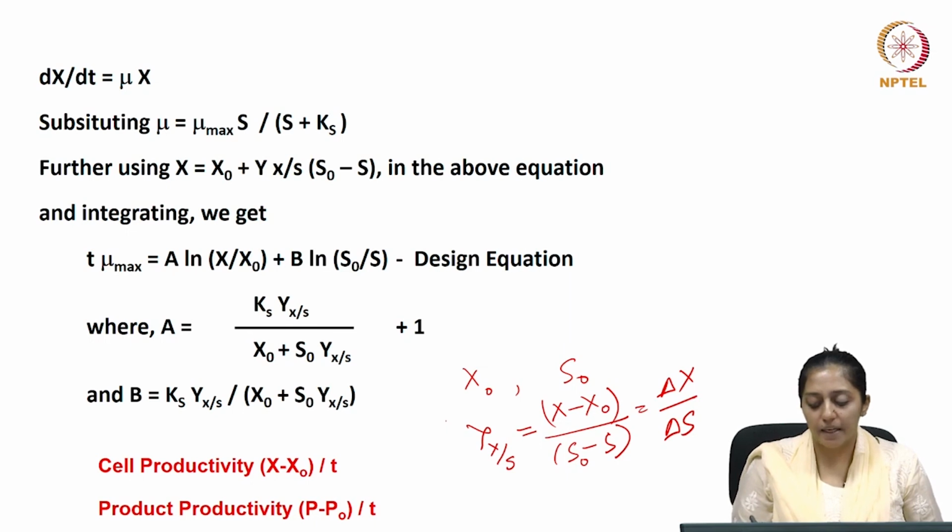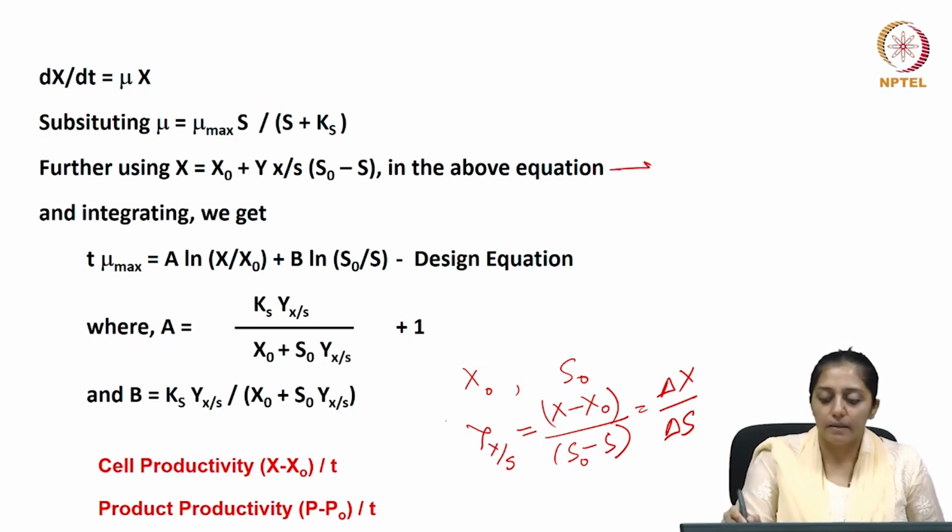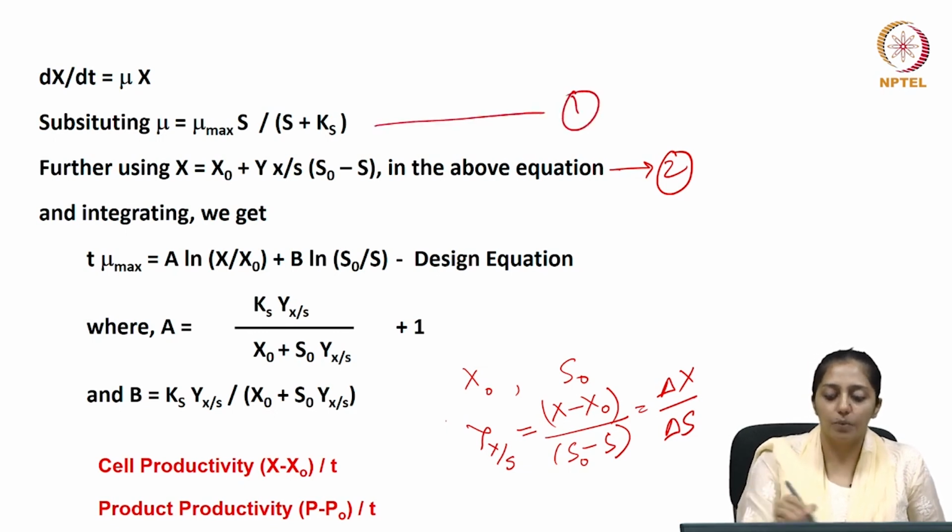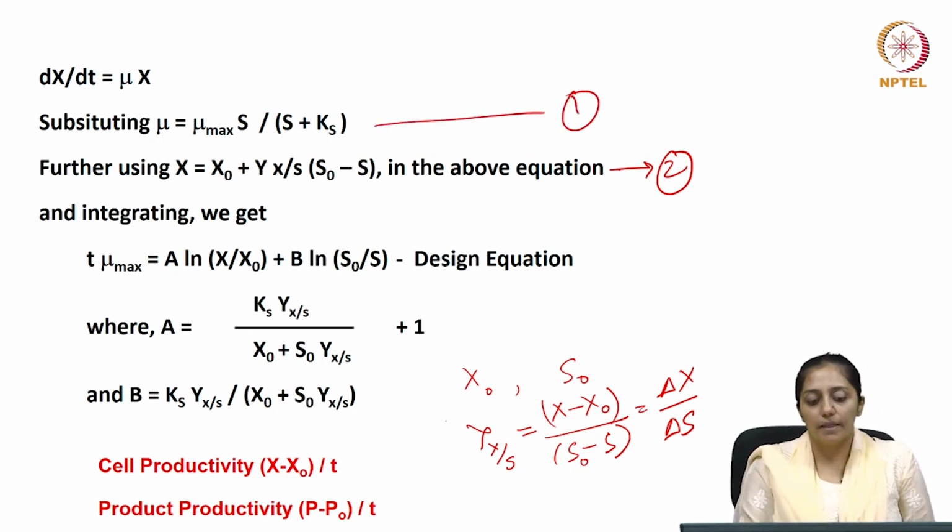So, yield x by S can be written in the form of this equation. So, now we have two equations which are correlating two variables, the x and the S.